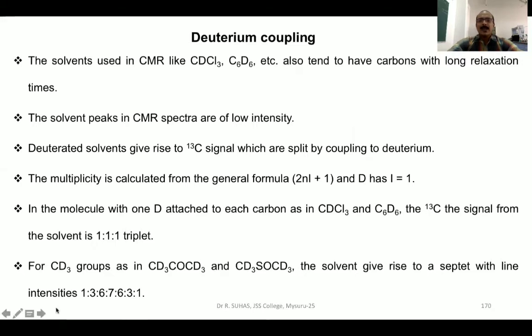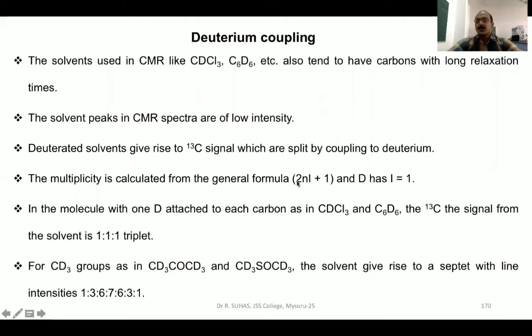Whereas if there are 3 deuterium attached to carbon, as in the case of acetone or dimethyl sulfoxide, CH3COCH3 is acetone. If you deuterate acetone, you will get CD3COCD3. CH3SOCH3 is dimethyl sulfoxide. If you deuterate that, you will get CD3SOCD3. And here each carbon has got 3 deuterium. So N is equal to 3 here.